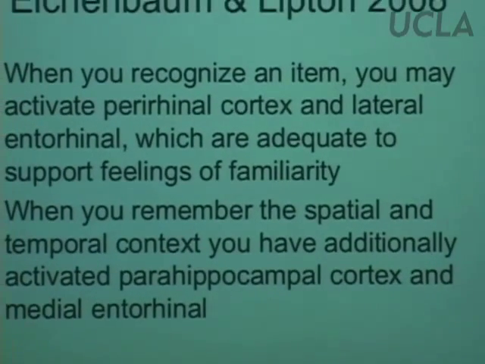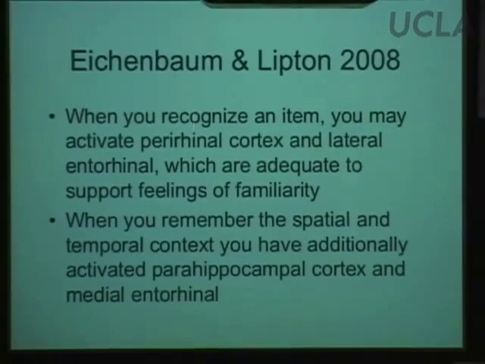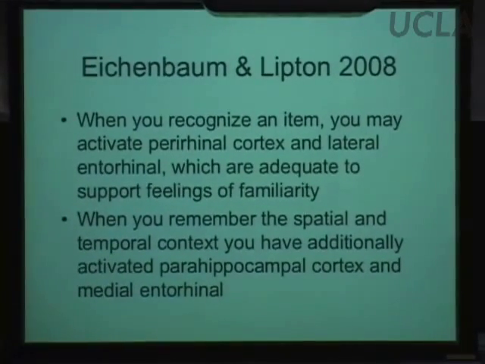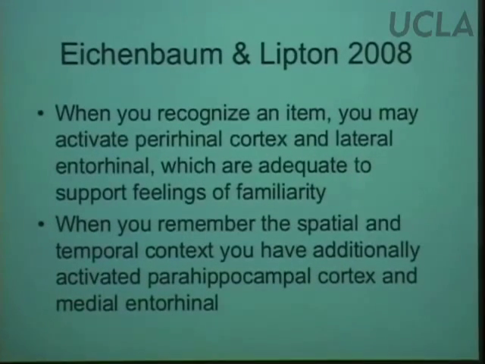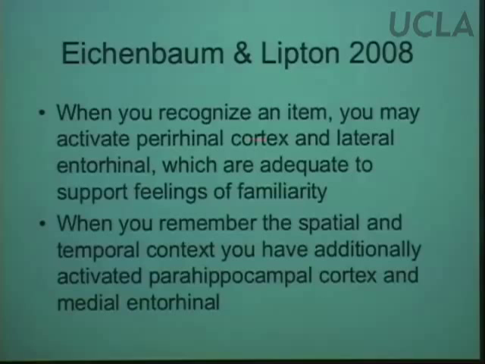And if you activate those regions, that gives rise to this feeling of familiarity. When you see somebody in Ralph's and you're like, oh, I know that person, I'm sure I've seen him before, that's because you're activating these regions, perirhinal and lateral entorhinal. And activation of those regions is adequate to support that feeling of familiarity.